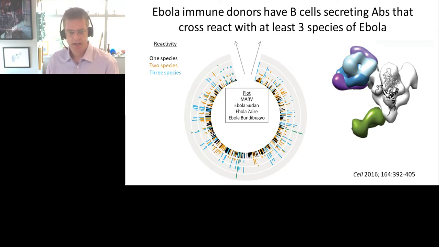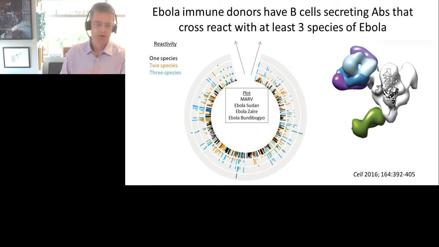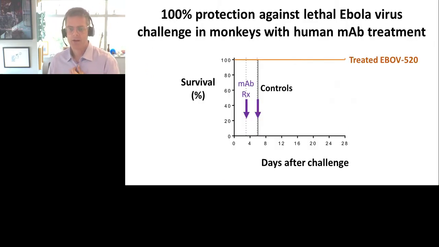This is a single monoclonal monotherapy using an antibody we made called EBOV 520. And if we give 2 doses in a therapeutic model on day 3 and 6, we get complete survival even using monotherapy, which is a good model of what happens in humans.